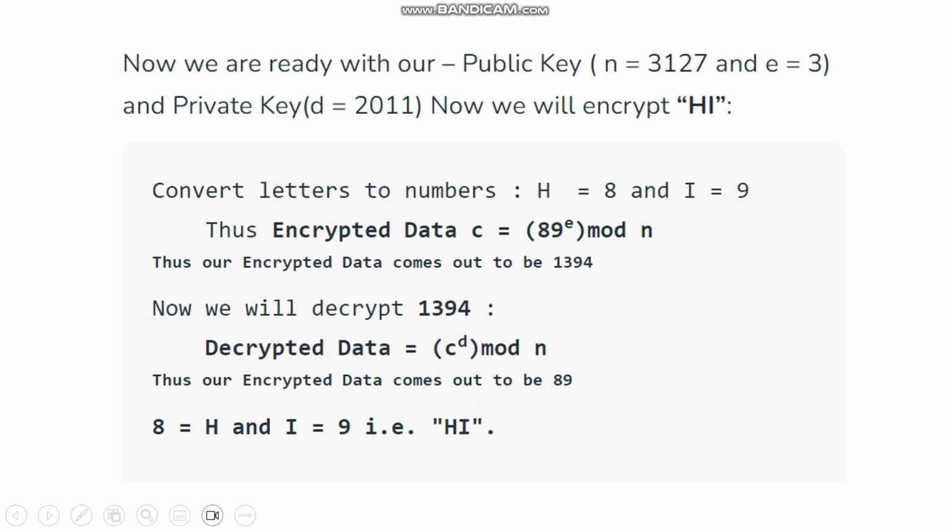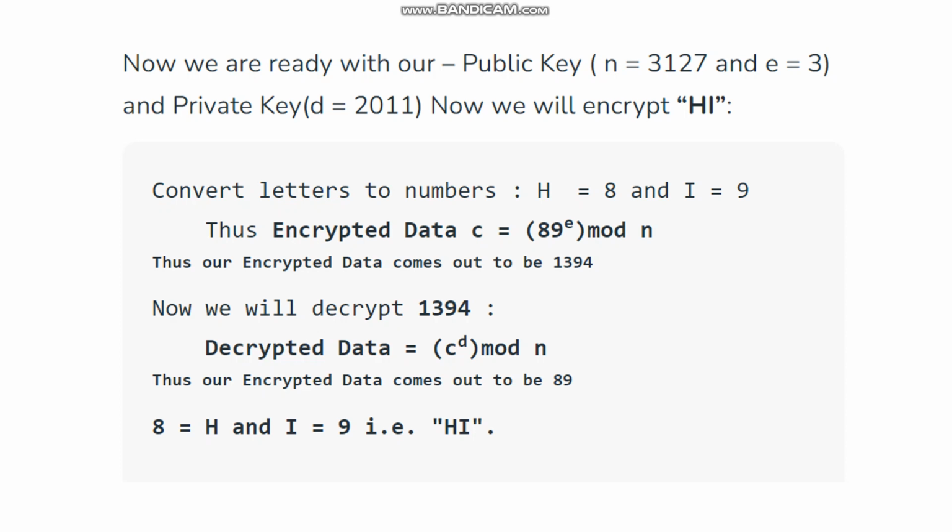When we decrypt, we write c to the power d mod n. Thus our decrypted data comes out to be 89. It means that 8 is H and 9 is I, so the word is HI. Using this type of encryption, we can encrypt some data.